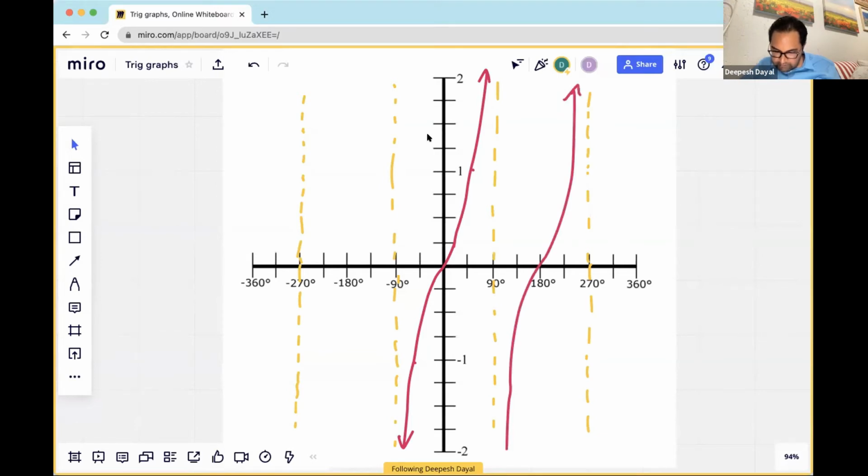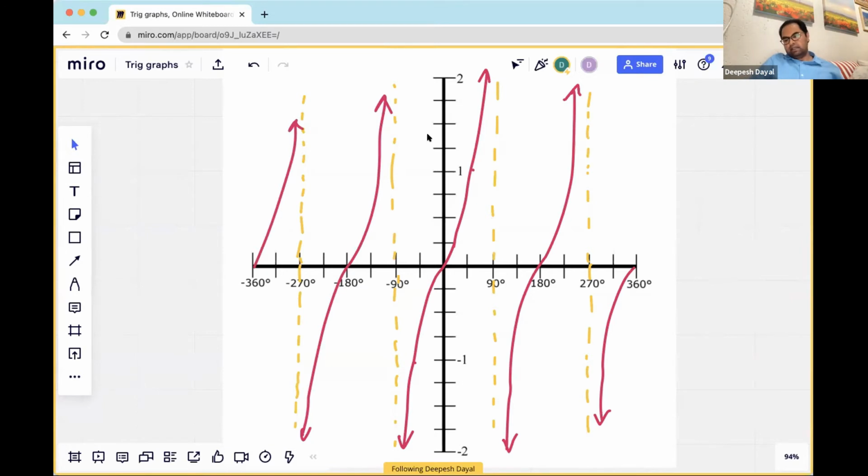Can't touch those points. And then here, like that. Okay, and we do the same thing on the negative side. So it goes here. Like this, right? The graph doesn't touch any of those dashed lines, right? And this is your tan graph.